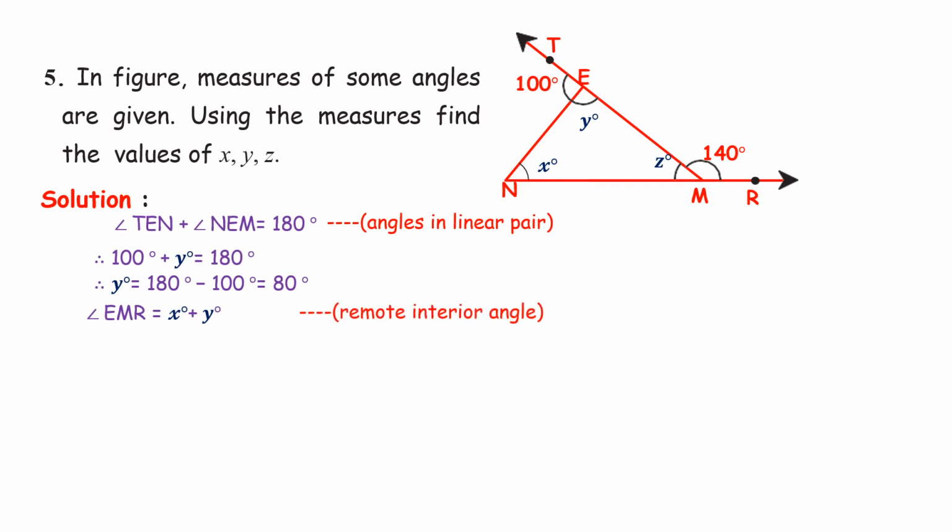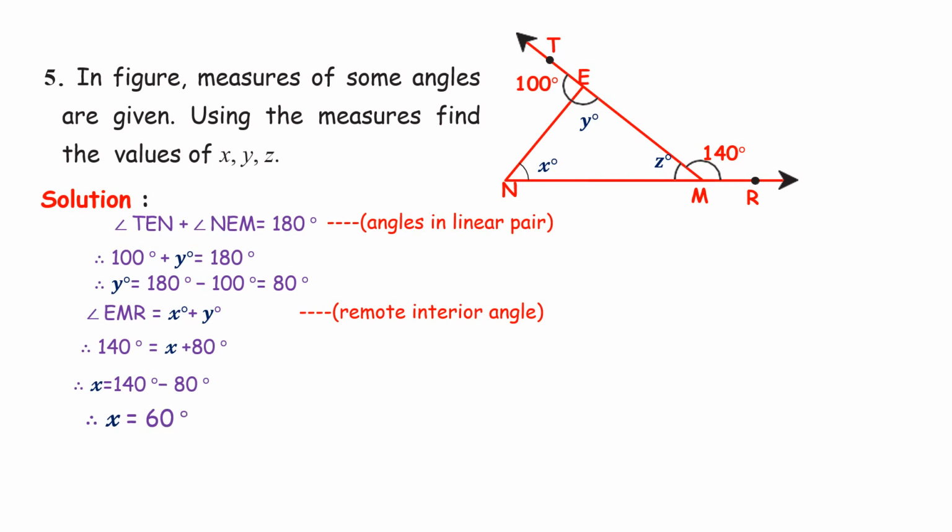Remote interior angles. Therefore, 140 is equal to x plus 80. Therefore, x is equal to 140 minus 80, is equal to 60 degree.